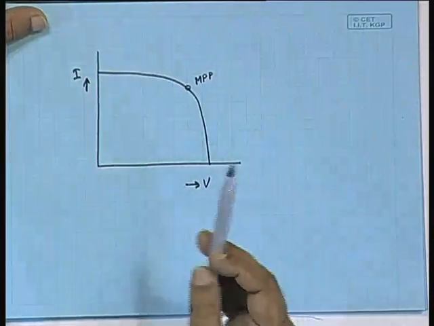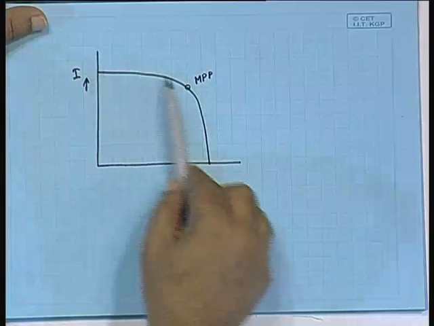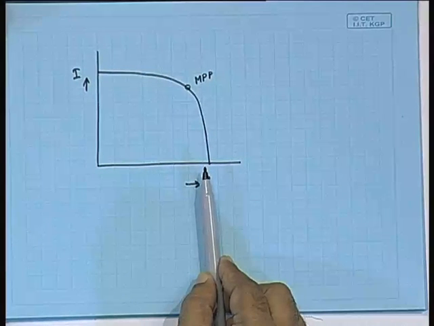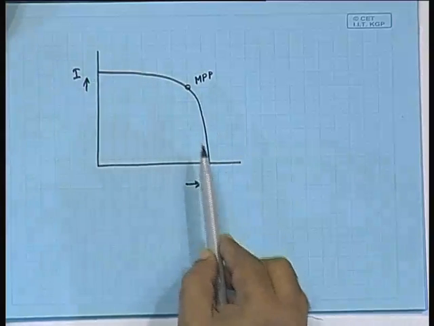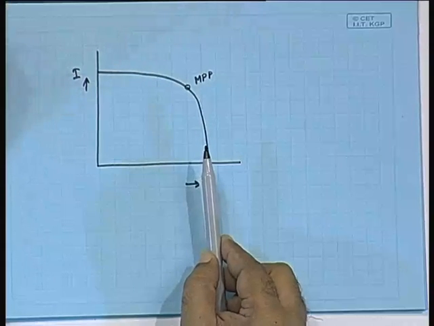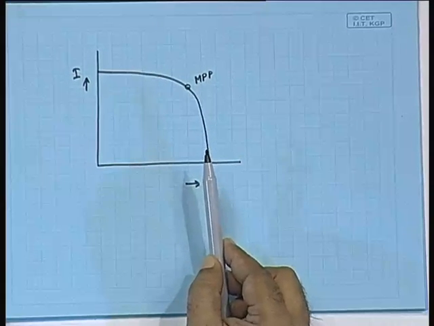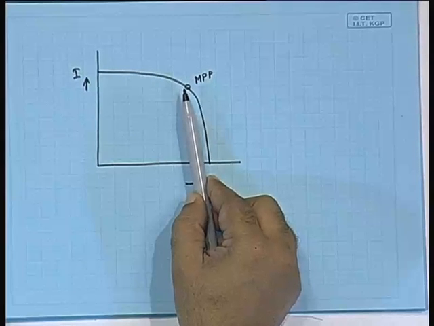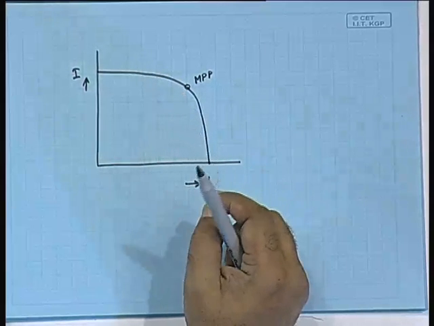Depending on the load, the operating point can be anywhere on this curve, but that means that if it is anywhere on this curve, it does not extract the amount of energy that can be extracted, it extracts only when it is here. So, naturally it is necessary to have some kind of a maximum power point tracking.